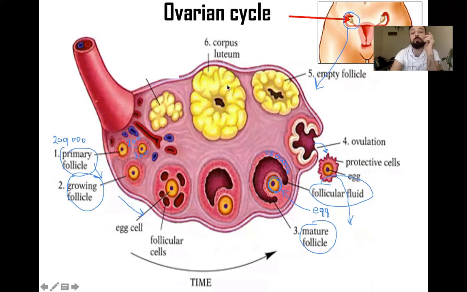This corpus luteum produces hormones, and we'll speak about these hormones later. This corpus luteum survives for up to 2 weeks, and then it regresses, meaning it degenerates and dies.